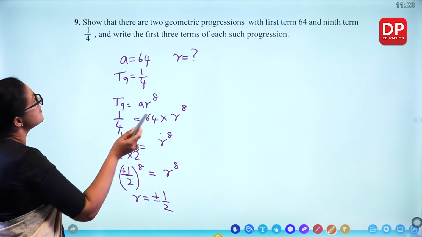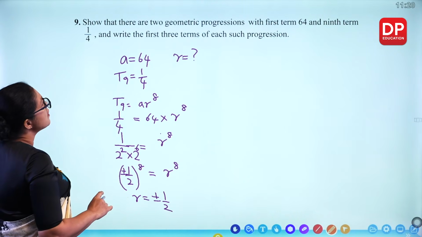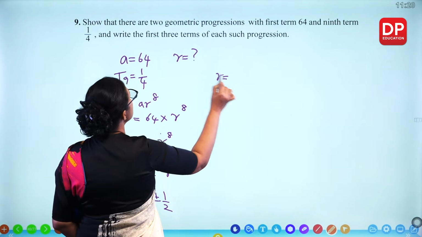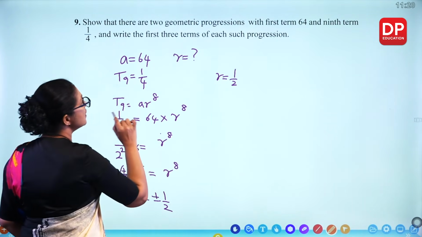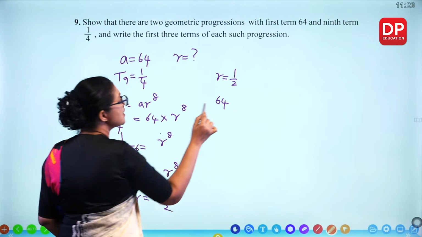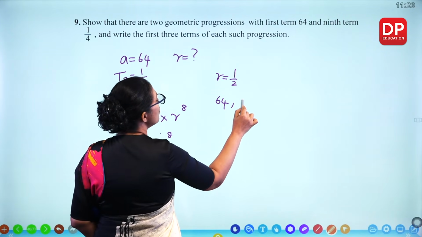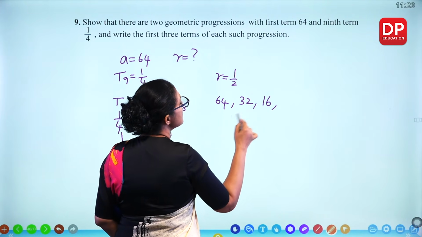Then we see there are two geometric progressions and we'll write down the first three terms starting from 64. If r is plus half, 64 multiplied by half means divide by 2. 64 divided by 2, 32, divided by 2, 16, 16 divided by 2, 8.